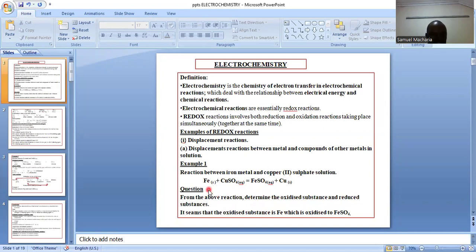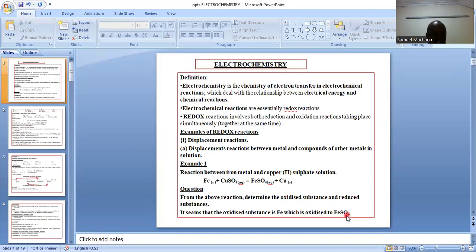When we look at the change taking place, iron metal is converted to iron 2 sulfate. So using our previous knowledge, iron metal is oxidized to iron 2 sulfate. We remember in Form 1, we said oxidation is addition of oxygen.